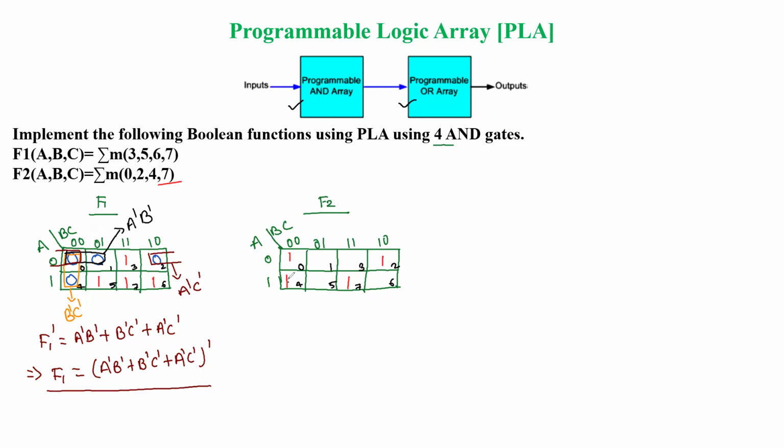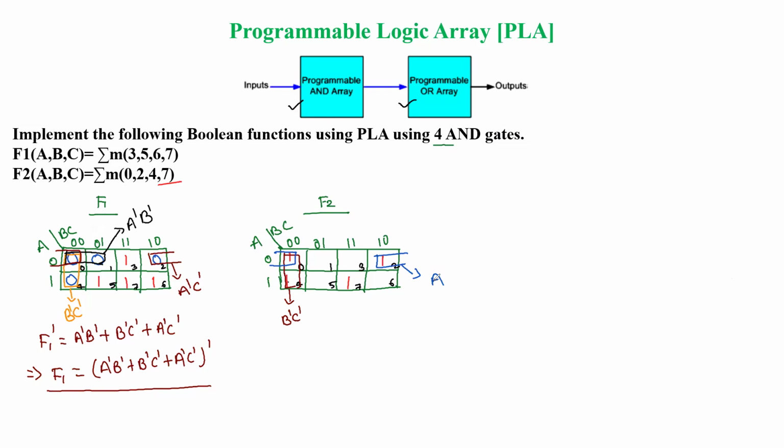Now we'll look for the F2 function. In the F2 function, for this pair, row wise common is nothing, but column wise we have B dash, C dash. Another is a symmetric one, so we take this min term and this min term.